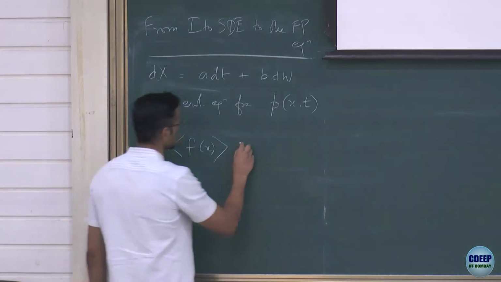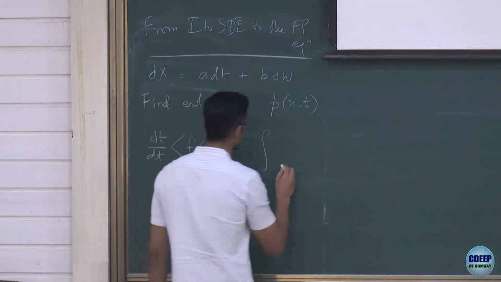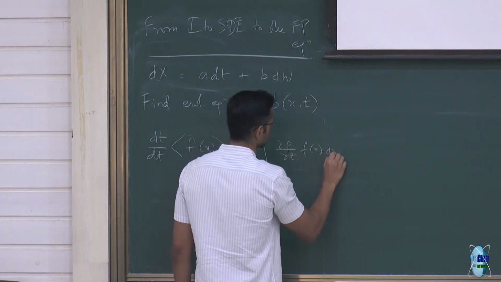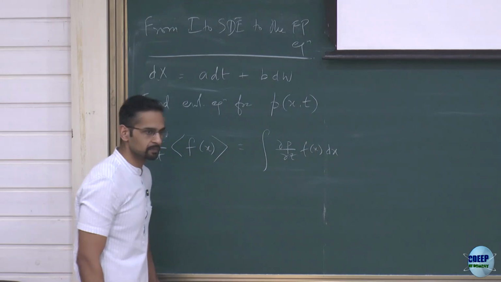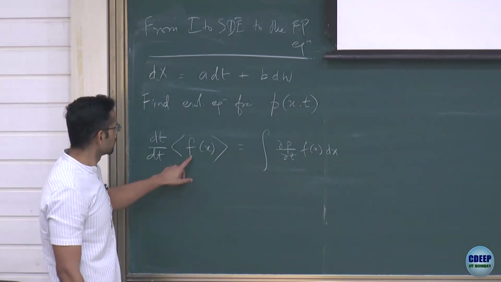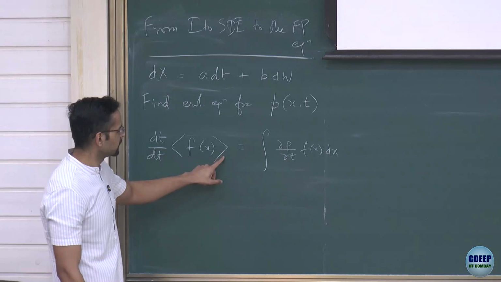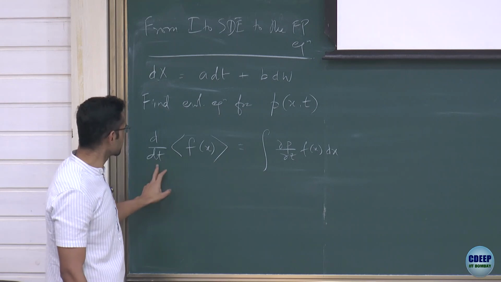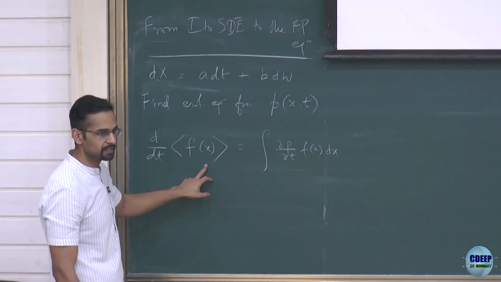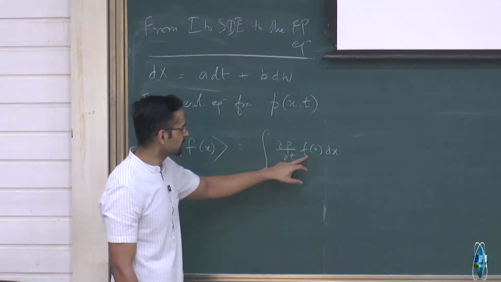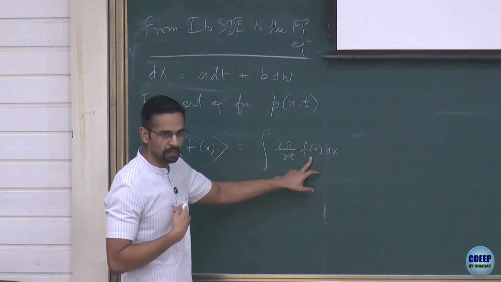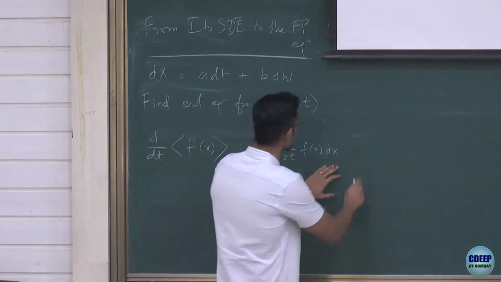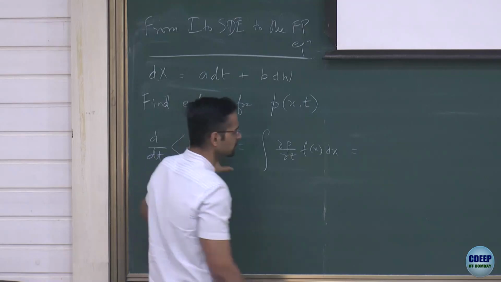Okay, and I know that this can be written as an integral, right, because the expectation is the integral of f into p dx, right, and then I can take the d by dt inside, correct? And when I take it inside, it will not act on f because f is only a function of x by my choice. Therefore, it only acts on p. Okay? So this is equal to this, but it's also equal to, from the definition of this thing, right?